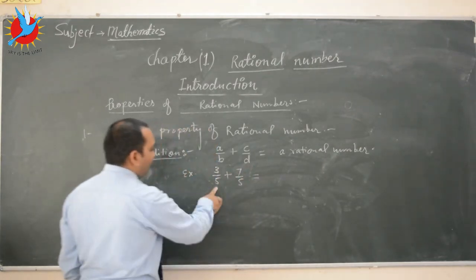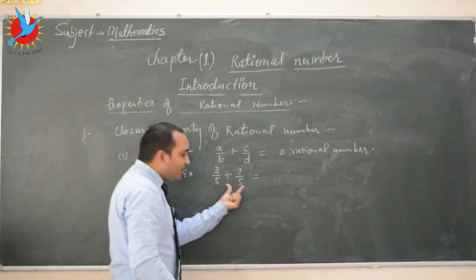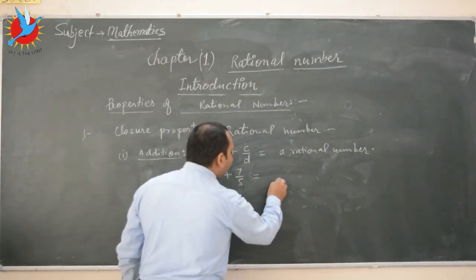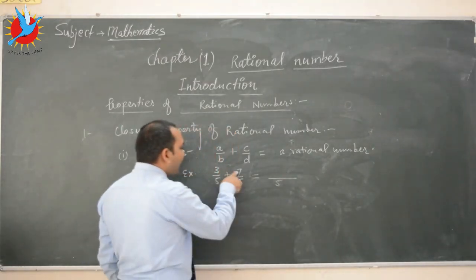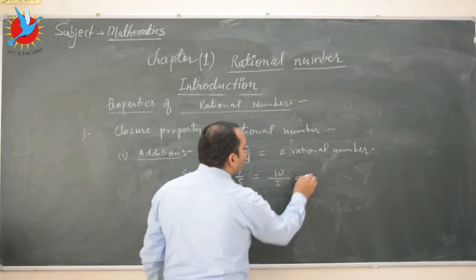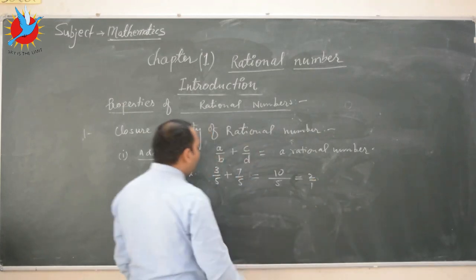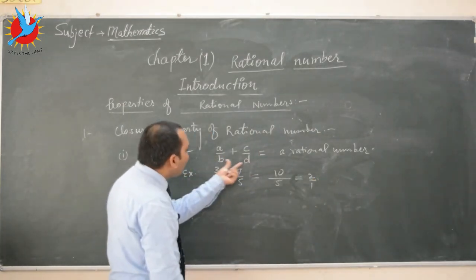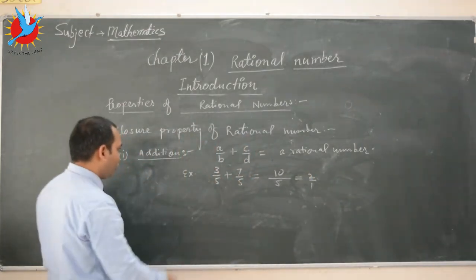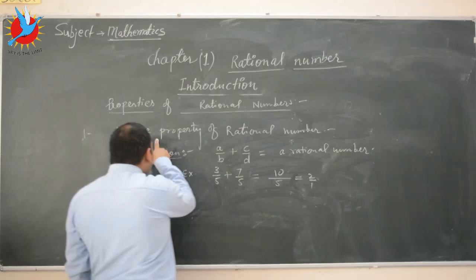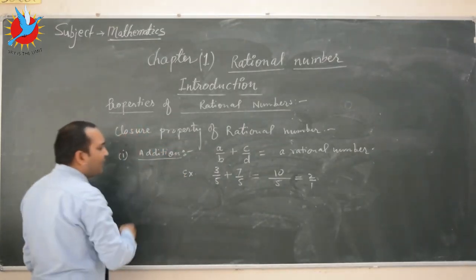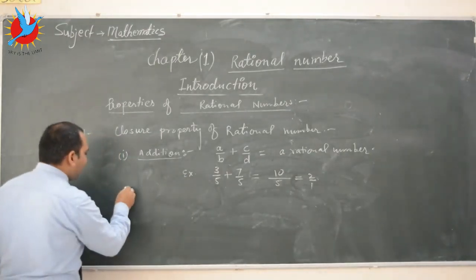How do we add rational numbers? If the denominators are the same, then we write a common denominator and add the numerators. 3 plus 7, that is 10. So 10 upon 5, which is equal to 2, or 2 upon 1. So when we add any two rational numbers, their sum is always a rational number. So the closure property for addition is true.